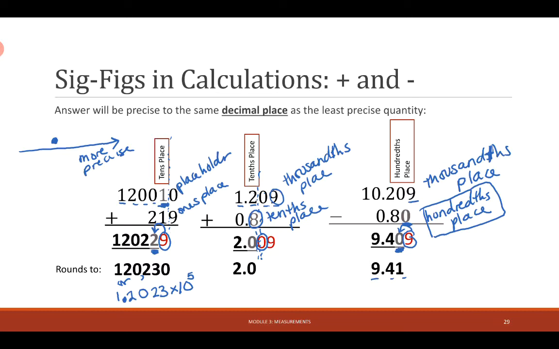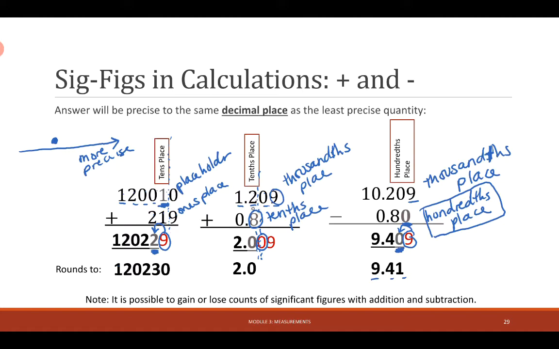Now, I do want to point out that it is possible to gain or lose counts of significant figures with addition and subtraction. If we were going back and looking at counts of sig figs, this one has 1, 2, 3, 4, 5 count. This one has 1, 2, 3, and our answer has 1, 2, 3, 4, 5.